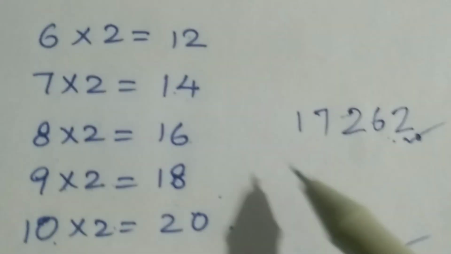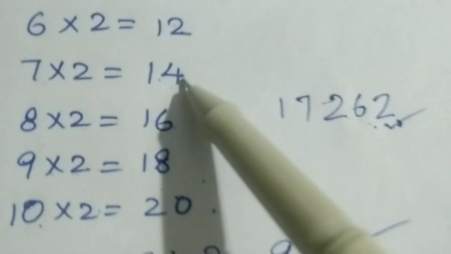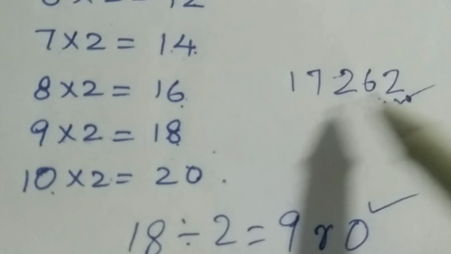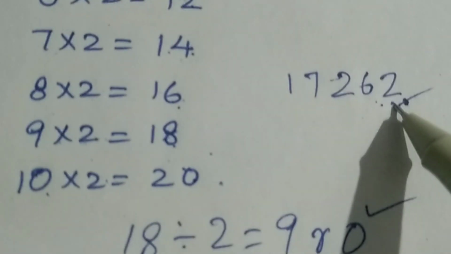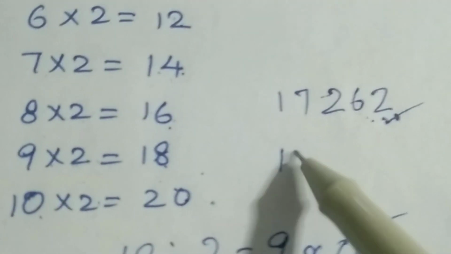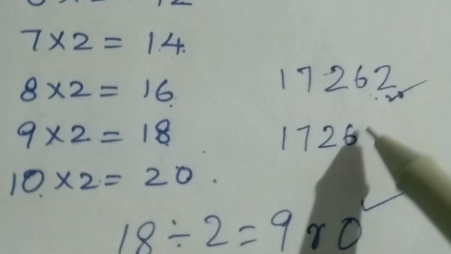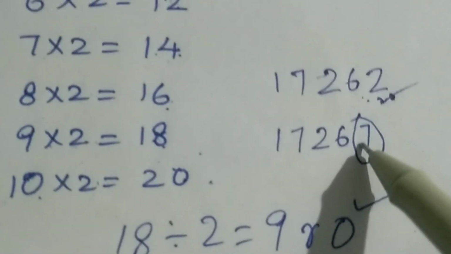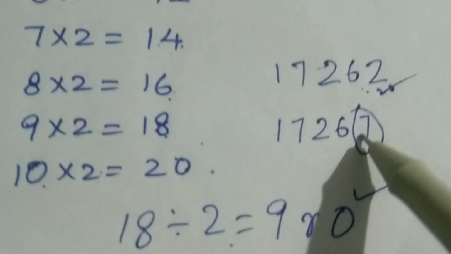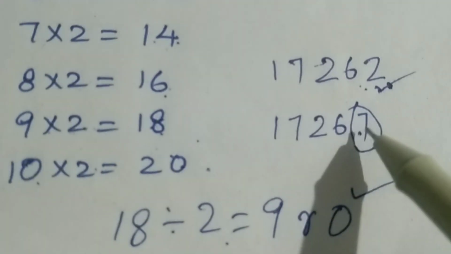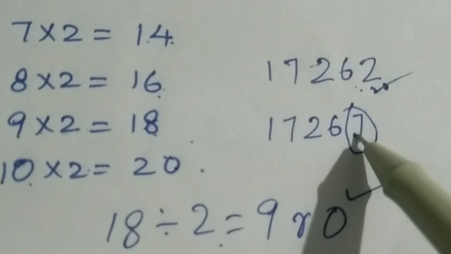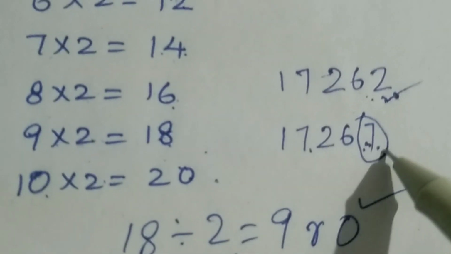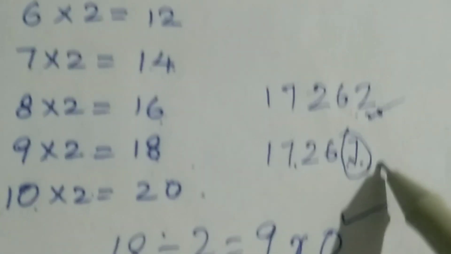If a number ends with 2, 4, 6, 8 or 0, we can say that's an even number. But 17,267 ends with 7. That means in this number the ones place digit is 7. So it's not an even number, so it is not exactly divisible by 2.